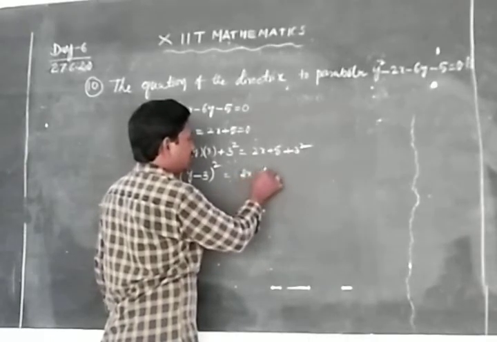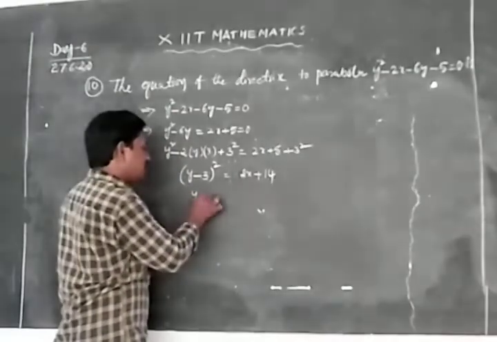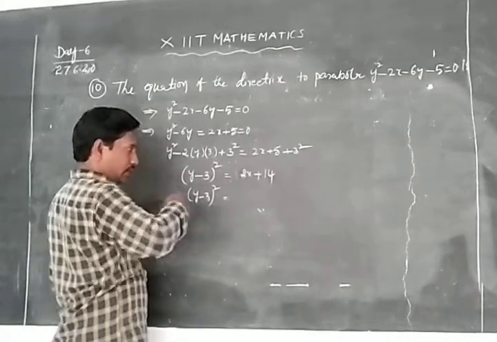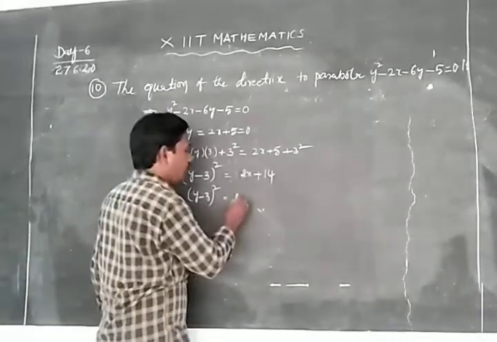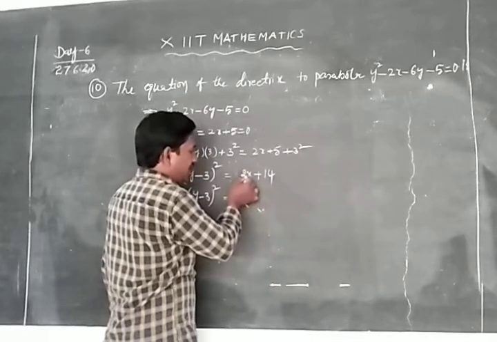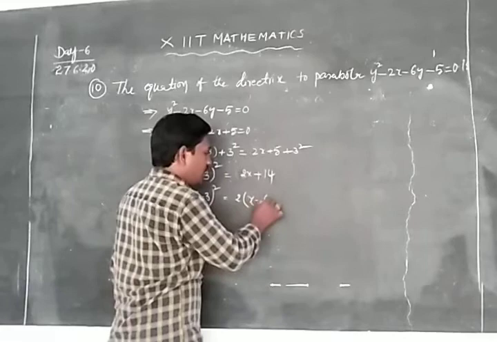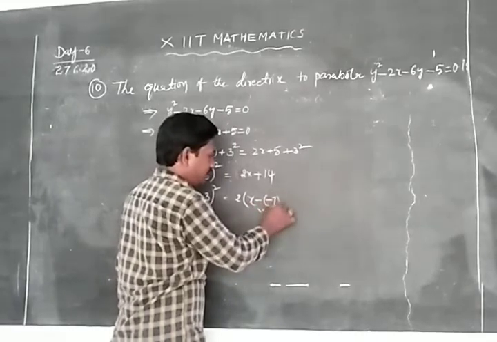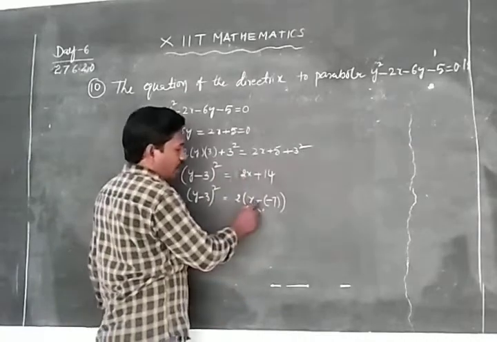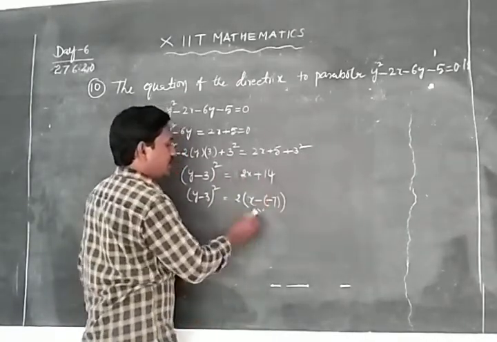So 2x plus 14. y minus 3 whole square equal to 2, take the 2 as common, x minus of minus 7. Why? Because 2 into x, 2x, minus into minus plus, 2 sevens are 14.